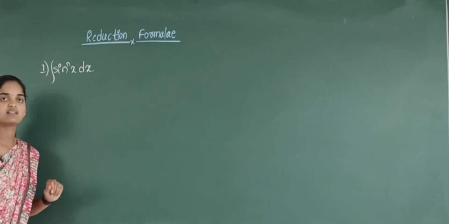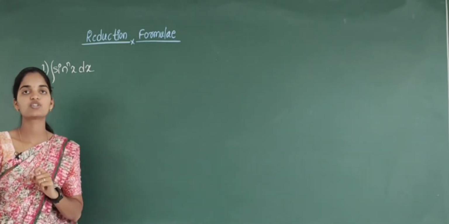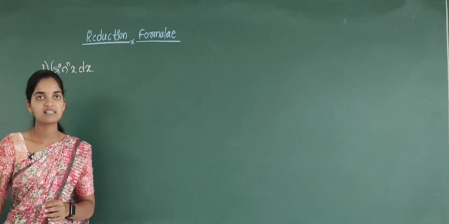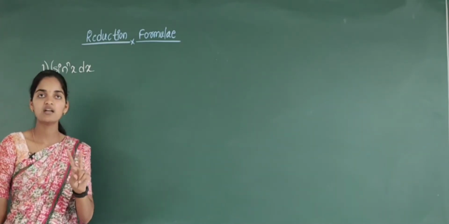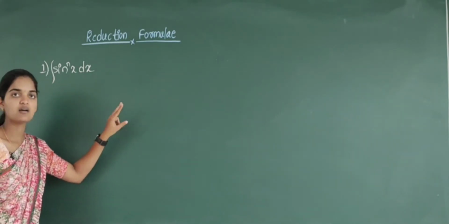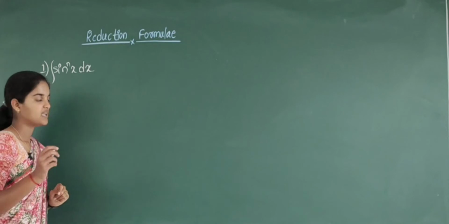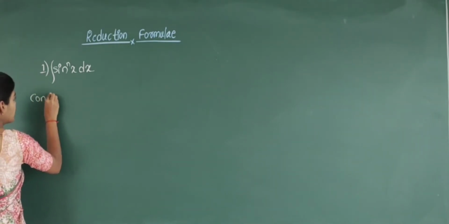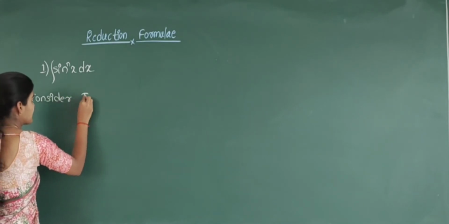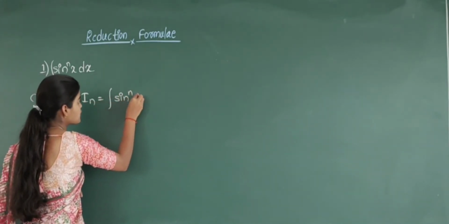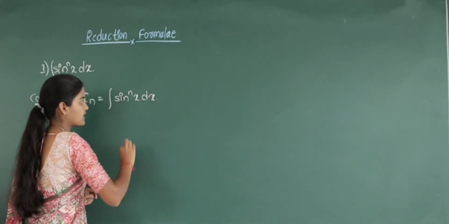To integrate this we will use integration by parts. Whenever you take integration by parts, you need two functions, so I will write this function as a product of two terms. First, I will consider this given integral as In. So In is equal to the integration of sine raised to n x into dx.